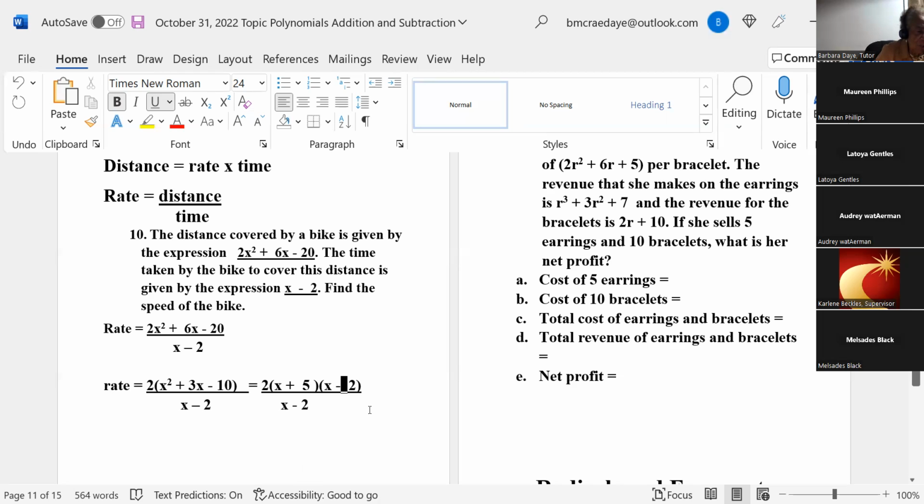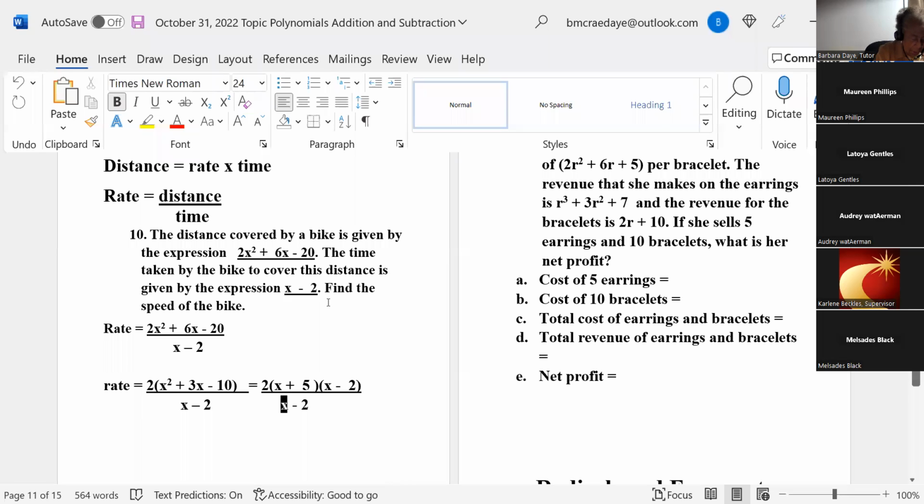What is the common expression in the numerator and the denominator? Look: 2 times x plus 5 times x minus 2, divided by x minus 2.